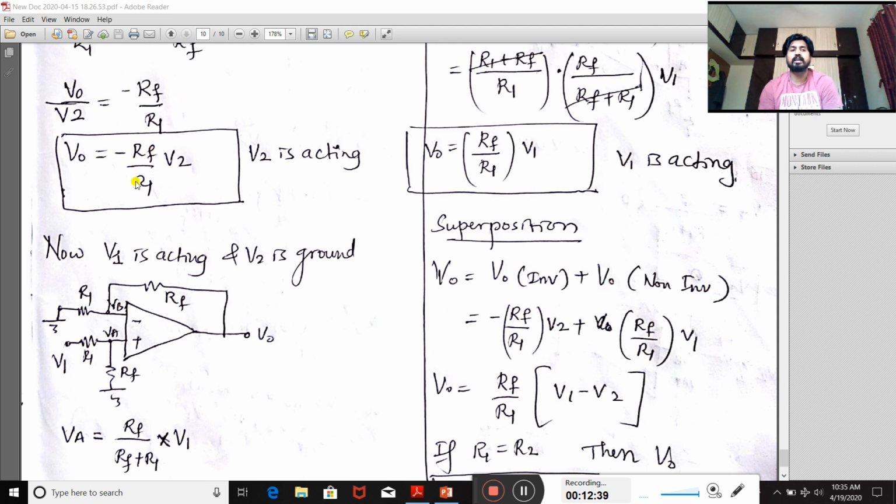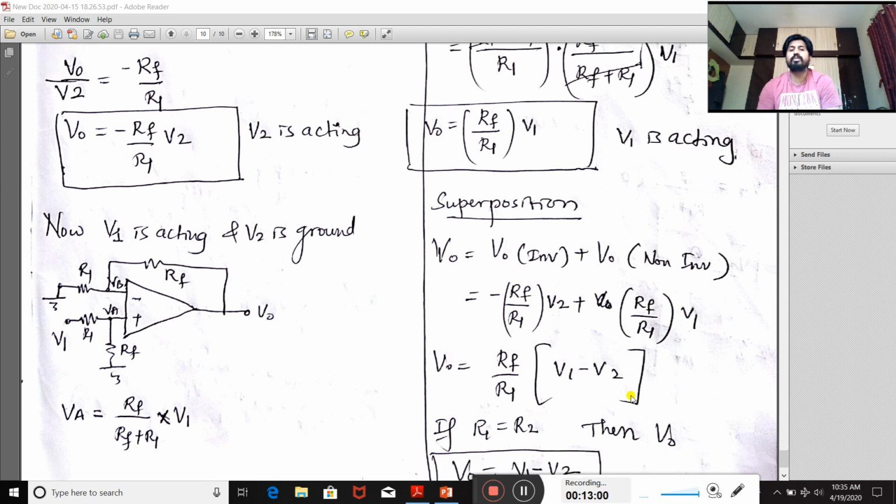So minus RF by R1 into V2, I have substituted the same expression, plus V naught at non-inverting, which is nothing but RF by R1 into V1. Now this RF by R1 is common, take it common, and this minus sign I will take inside. So it becomes V1 minus V2.